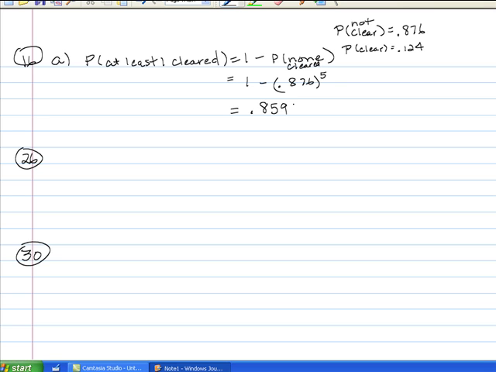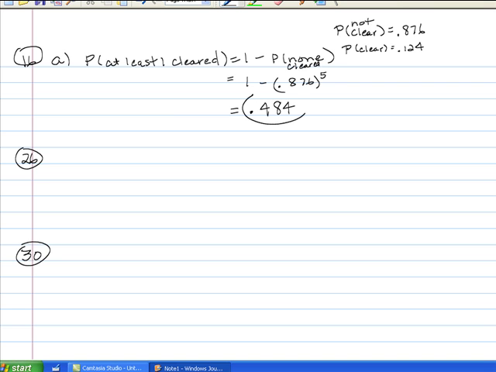Let me go back. 0.876. Hit the wrong key. Raised to the 5th. So that's 0.484. Oh, that looks wrong. Okay, 0.4841 would round to 0.848.